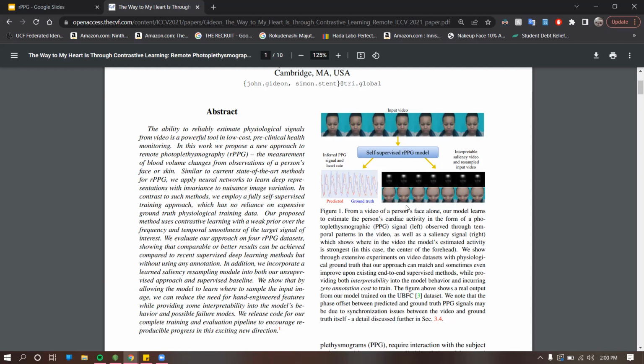So PPG is basically trying to get as close a prediction, trying to mimic the ECG signal, right? Yes, in a more non-invasive way. Yeah, okay, great. Thank you for the clarification.